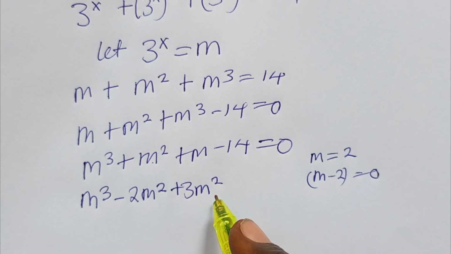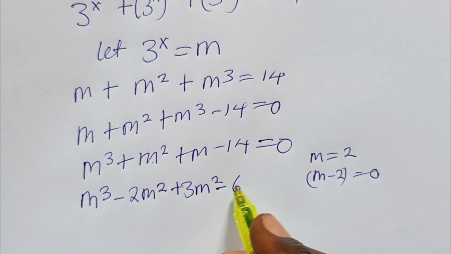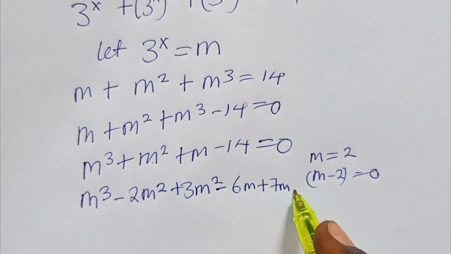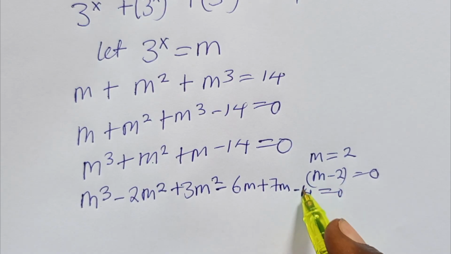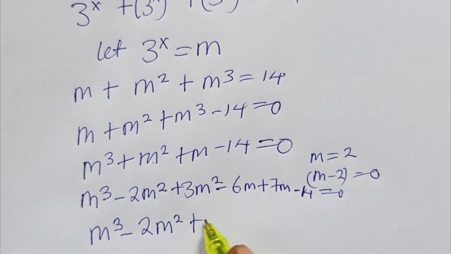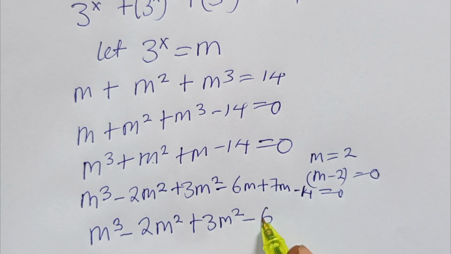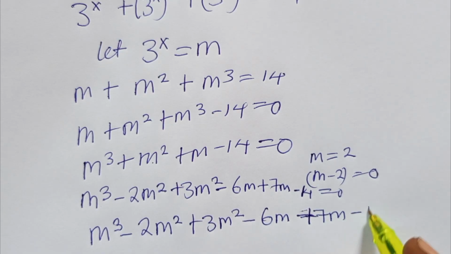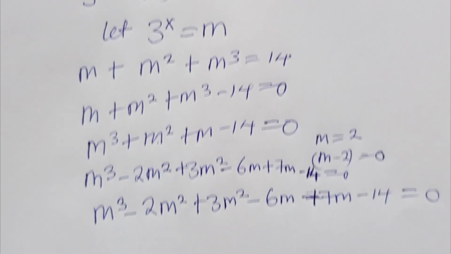Then we can rewrite the rest as minus 6m plus 7m, minus 14 equals 0. Let me write this: m cubed minus 2m squared plus 3m squared minus 6m plus 7m minus 14 equals 0. So that's what we have.